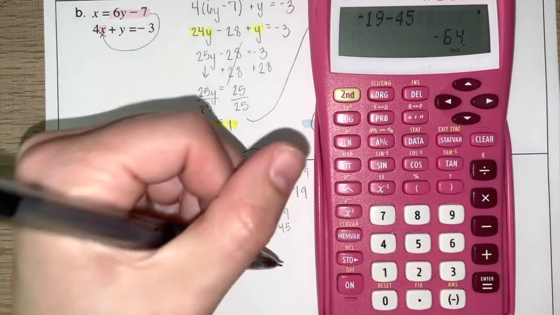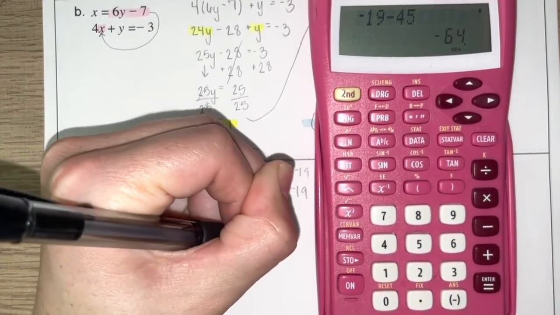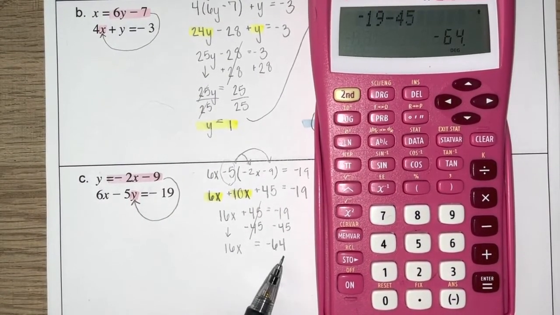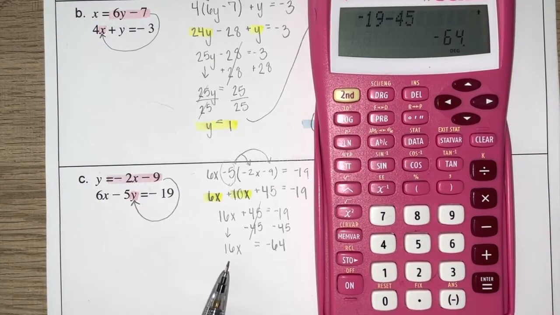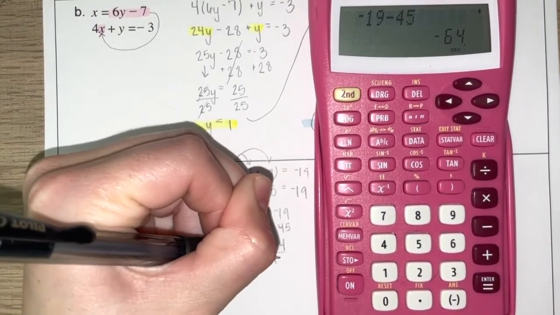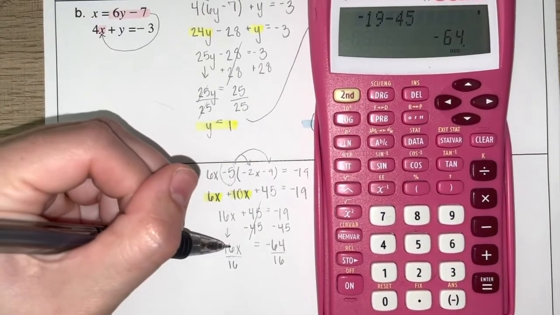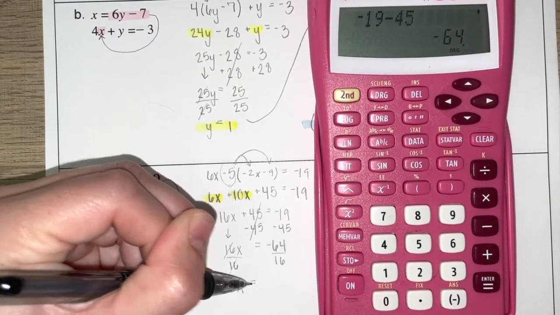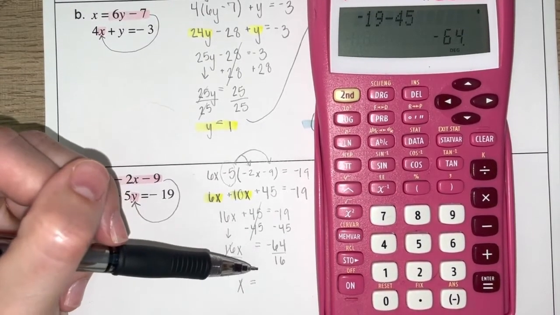So that's negative 64. And then now we have 16x equals negative 64. So to undo multiplying by 16, I'm going to divide both sides by 16. So multiplying by 16, dividing by 16 undo each other. I'm left with x equals, and then negative 64 divided by 16.